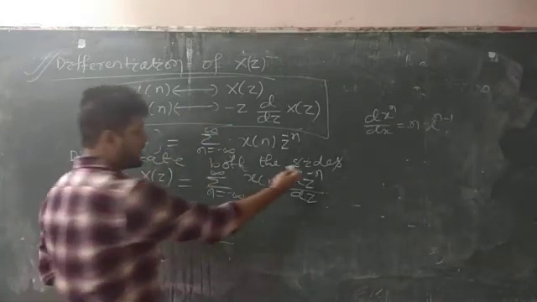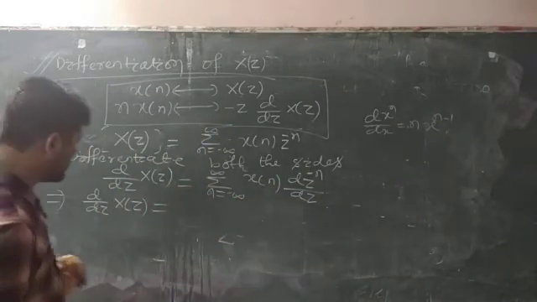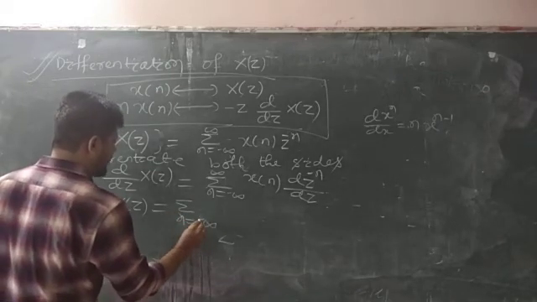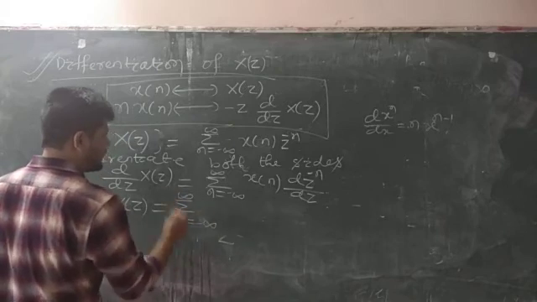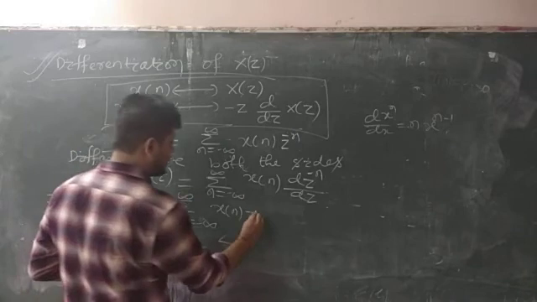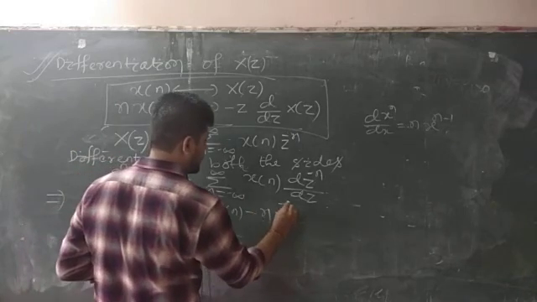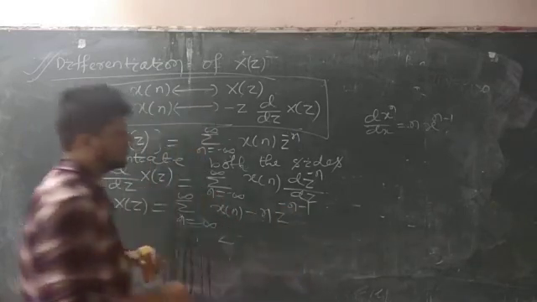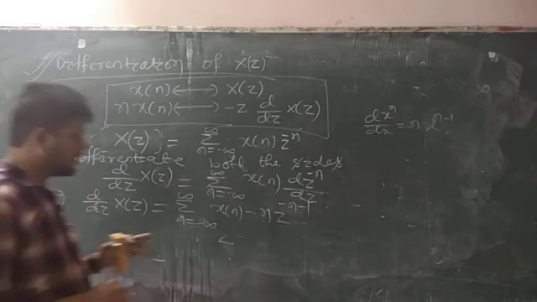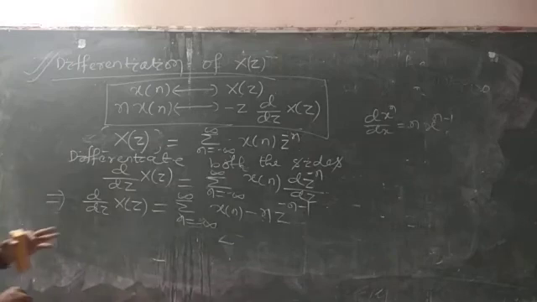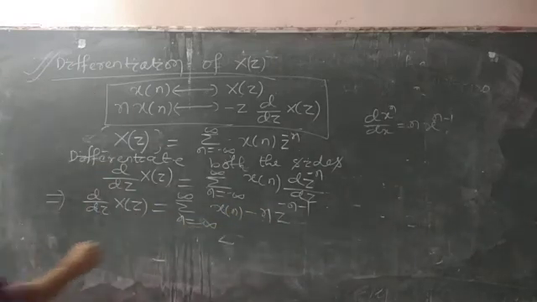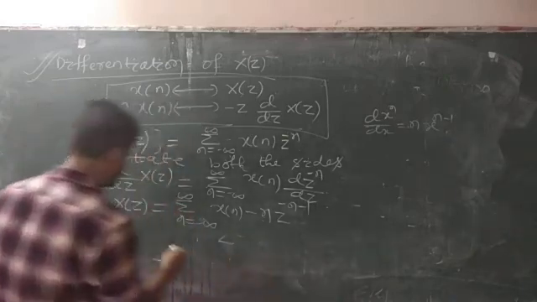In place of n, here minus n is written, so you write the summation of n equal to minus infinity to infinity x(n), and this will be minus n z to the power minus n minus 1. So we have x(n) into minus n z to the power minus n minus 1.